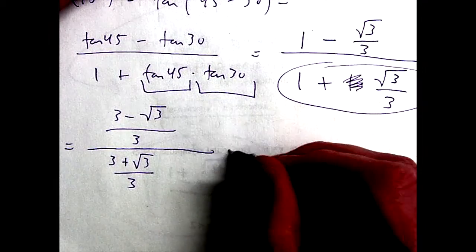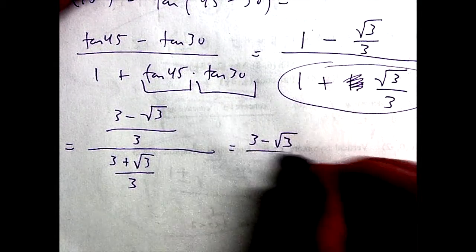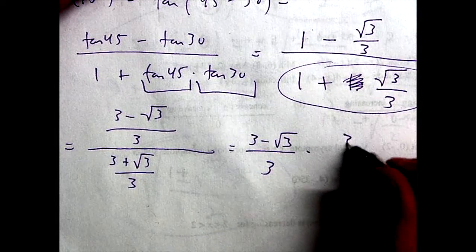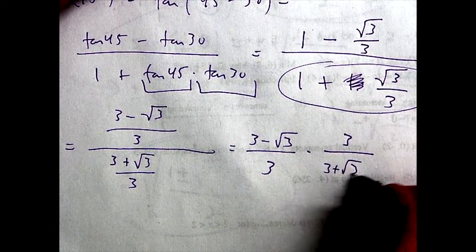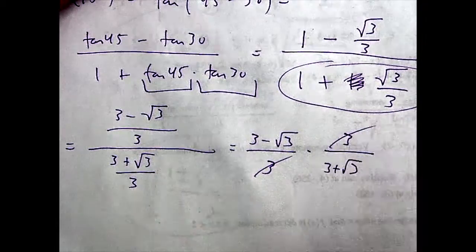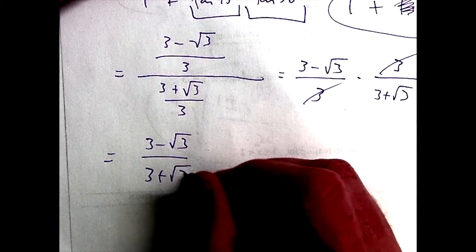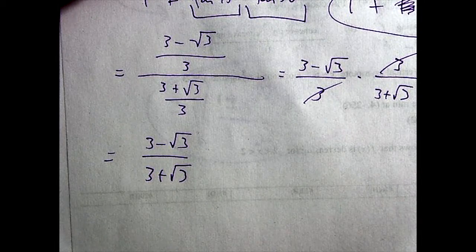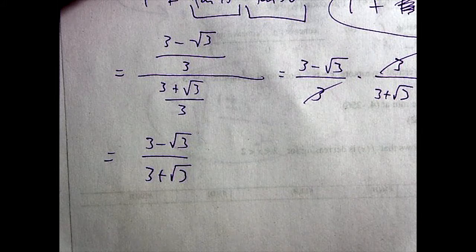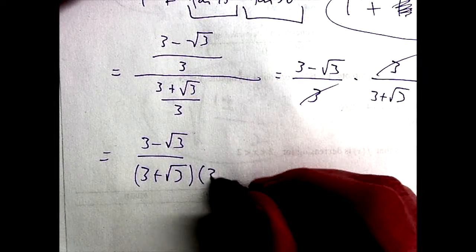And then we can keep it, change it, flip it. We get 3 minus root 3 over 3 times 3 over 3 plus root 3. These 2 3's cancel, and that's great, but then you're left with 3 minus root 3 over 3 plus root 3. How do you rationalize that denominator? If you remember, you have to multiply top and bottom by the conjugate of the denominator.